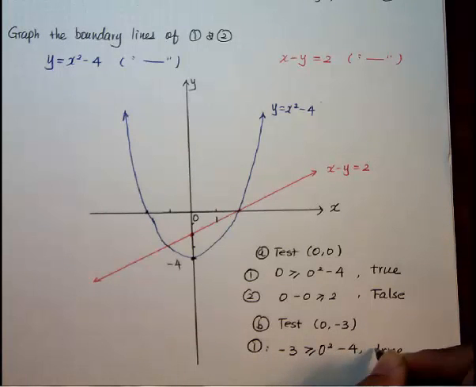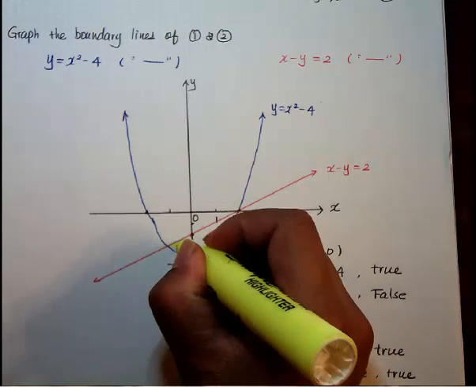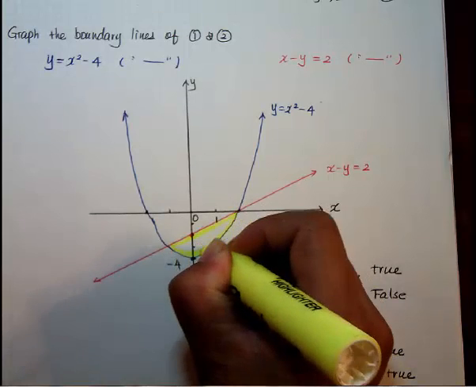So it satisfies the first inequality. How about second inequality? 0 minus -3, is that greater than or equal to 2? So we have 3 greater than or equal to 2. Yes, both statements are true. That means my solutions should be in the region I'm testing right here. So that's my solution set.